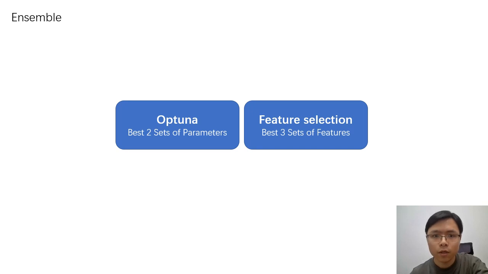In this way, we can get 6 models, and the model ensemble gives another improvement from 0.8153 to 0.816 on the public leaderboard.